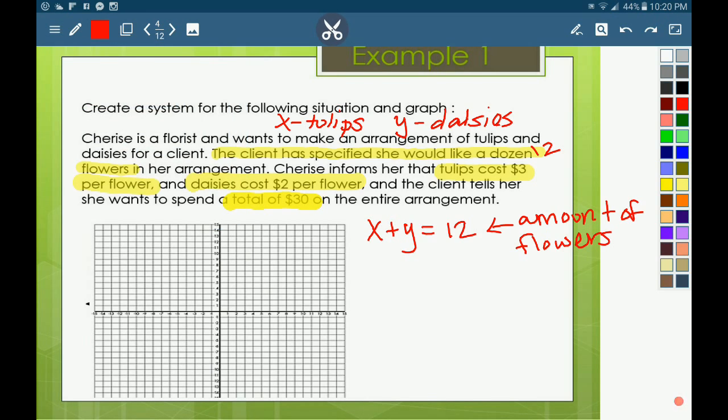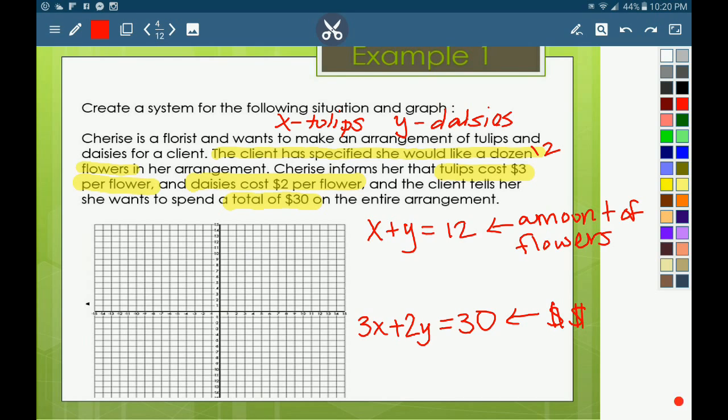Well, in order to get the cost for the tulips, we have to take $3 and multiply it by the number of tulips. And then we also have to add the $2 times the number of daisies. And then we want that to equal $30. That equation had to do with all of the money.